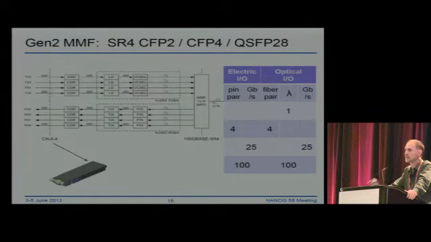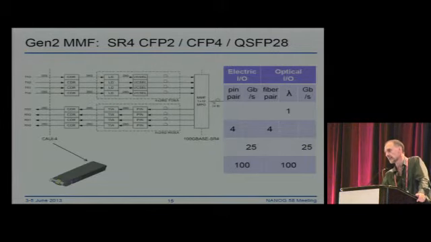So if you deploy 40 gig SR4 multi-mode, you could actually reuse that infrastructure for 100 gig SR4. They're both specified for 100 meters. I'm showing a CFP2 form factor, and again, other form factors like CFP4 and QSFP28, which have twice the density, will also become available next year.